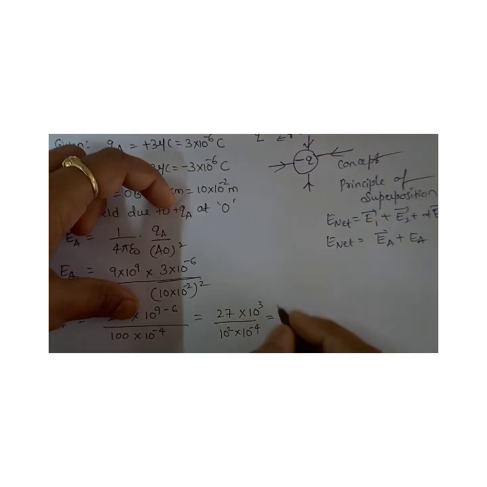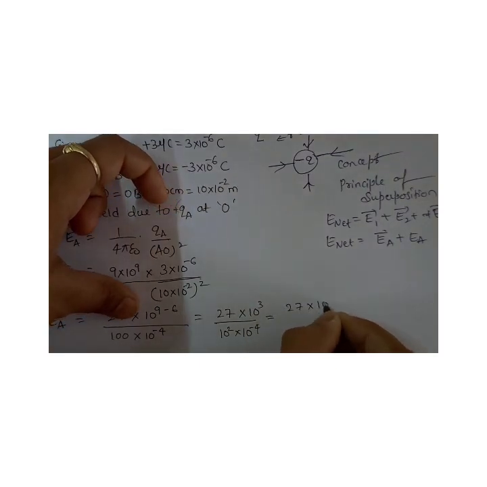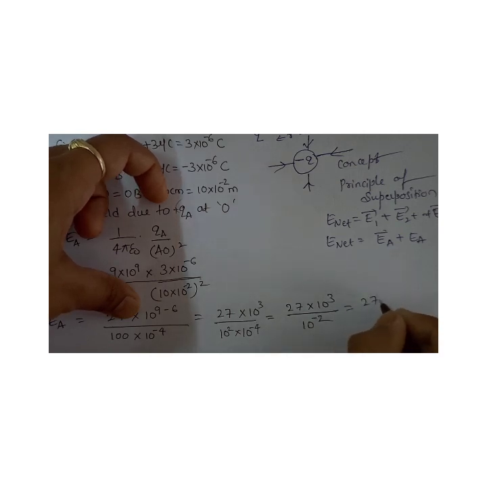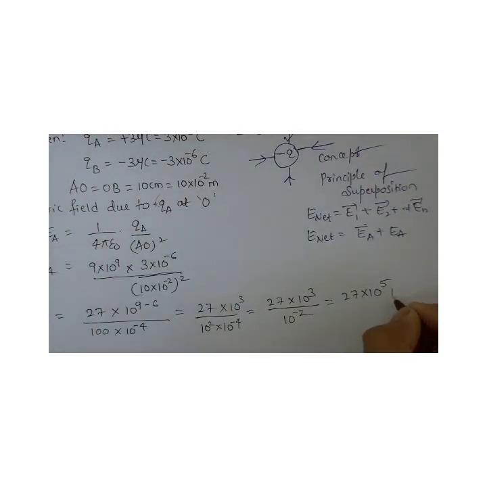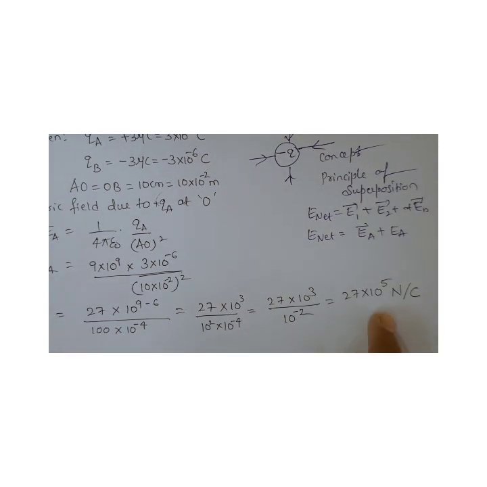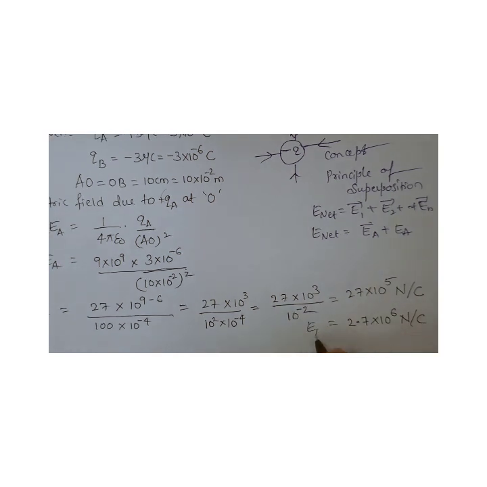So this leads to 27 into 10 raised to 3 divided by 10 raised to minus 2, which is equal to 27 into 10 raised to minus 2 goes up, plus 5. So what is the unit for electric field? Newton per coulomb. Either you can keep it as 27 into 10 raised to 5, or you can shift one point over here and take it as 2.7 into 10 raised to 6 Newton per coulomb. So this is our EA.